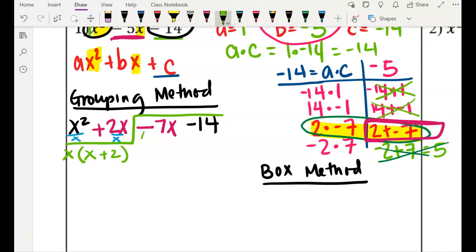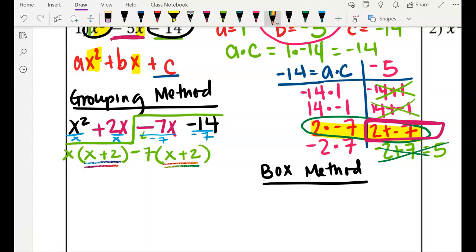Now over here, if this is a negative, remember students, we take out the negative sign. They both have 7 in common, so we're going to take out a negative 7. We divide each term by negative 7, which leaves us with x, and negative 14 divided by negative 7 is a positive 2.